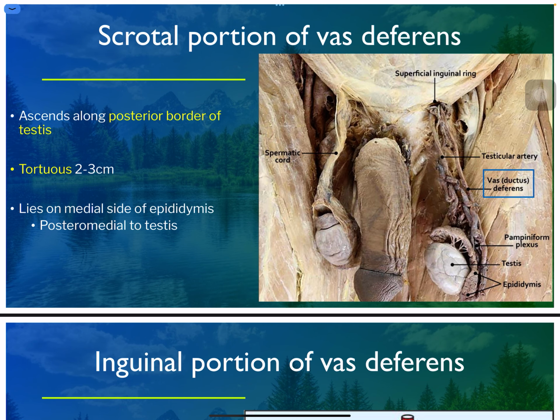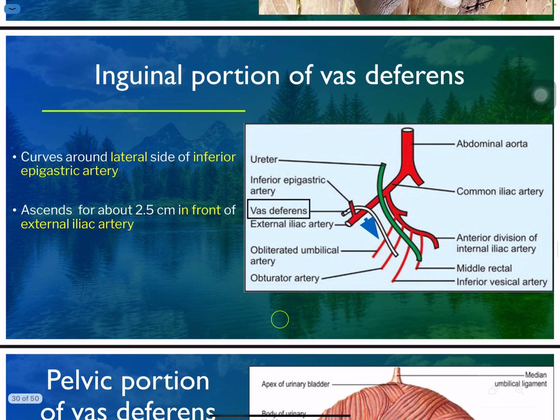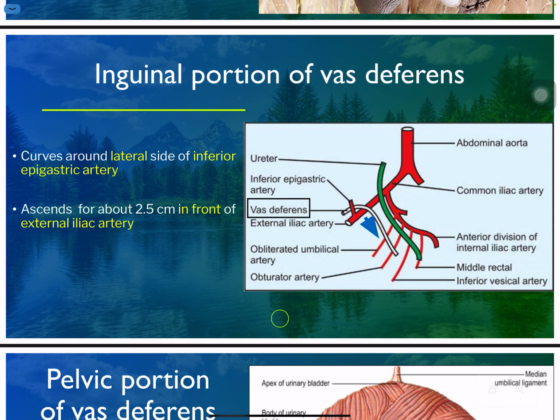Okay, now the inguinal part curves along the lateral side of the inferior epigastric artery and ascends for about 2.5 cm in front of the external iliac artery.